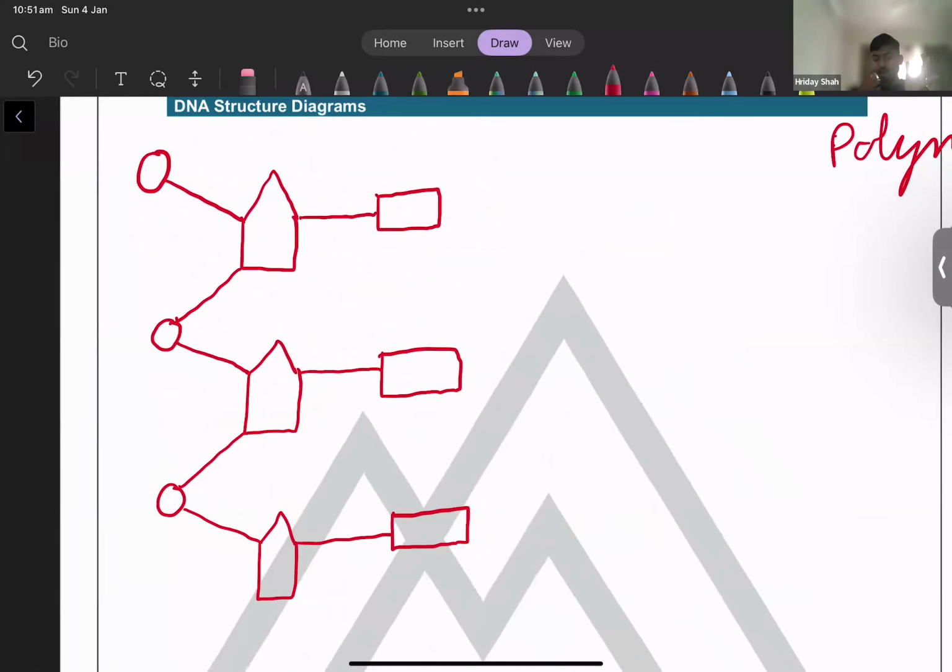Okay, so now I've drawn one strand of my DNA molecule.